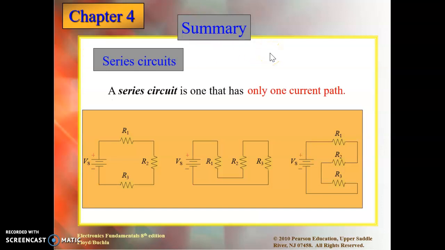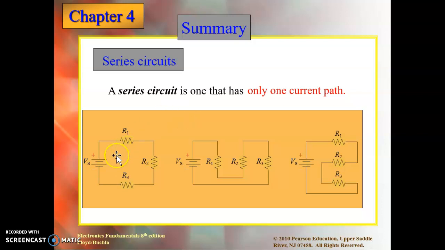So what is a series circuit? A series circuit, or something to be connected in series, is something that only allows one single path for current, which means current can only go through it and that's it. It has no other way to go.